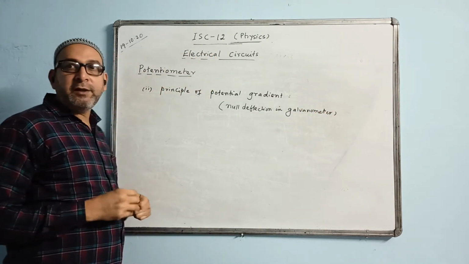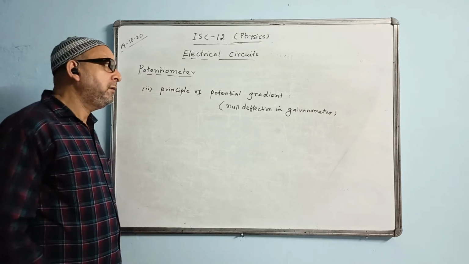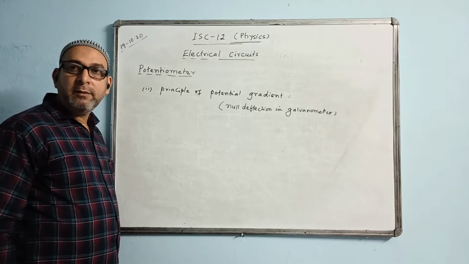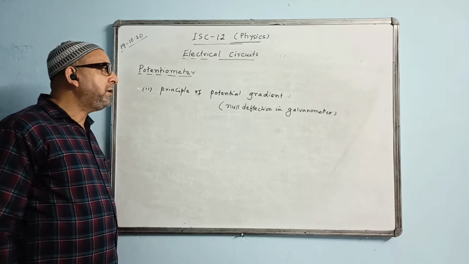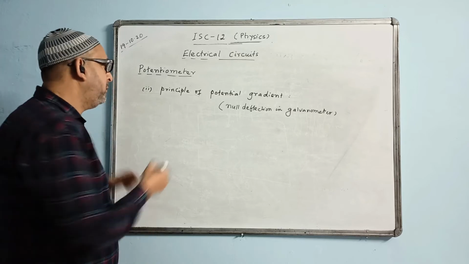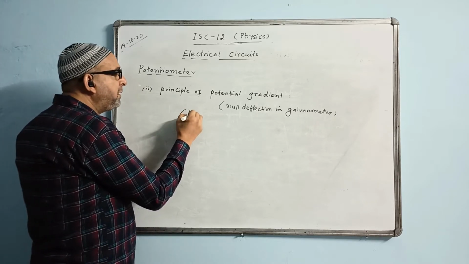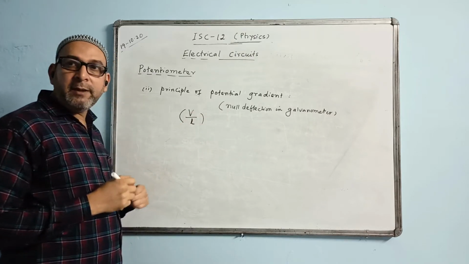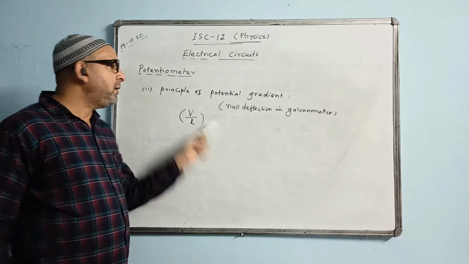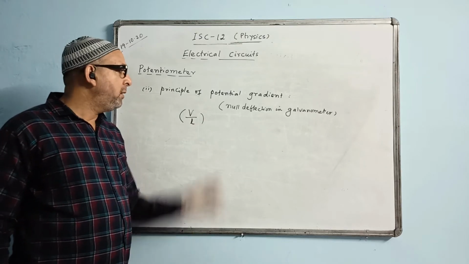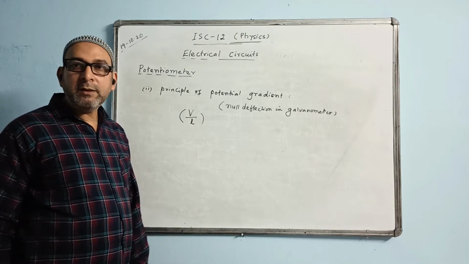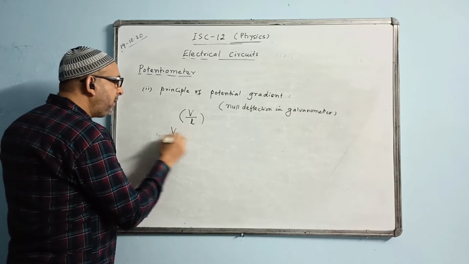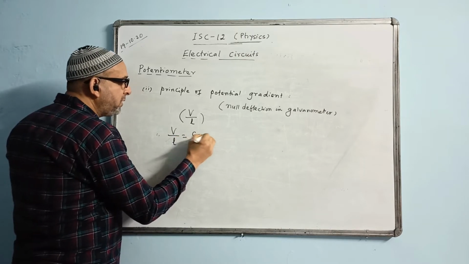the potential gradient of the wire, under bracket you can write potential gradient is voltage per unit length. The voltage upon length ratio is called potential gradient, V by L, remains constant. Therefore, V by L is equal to constant.